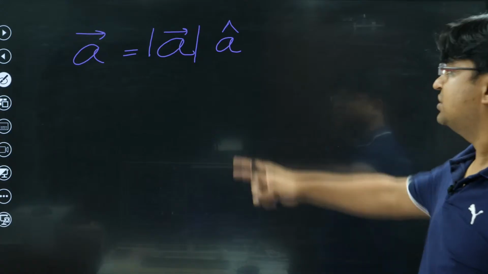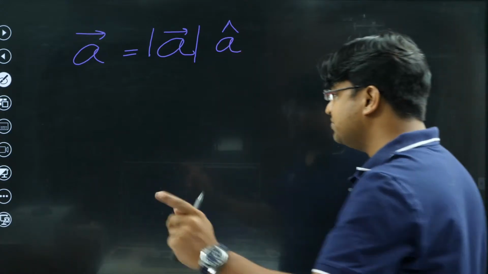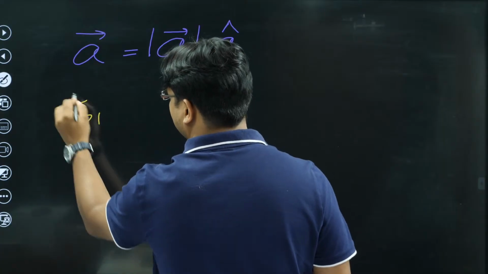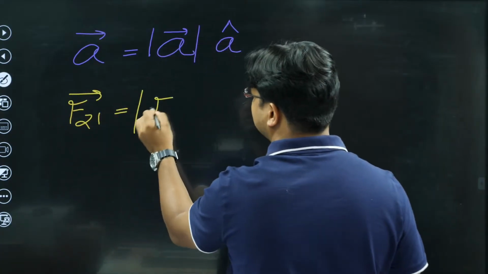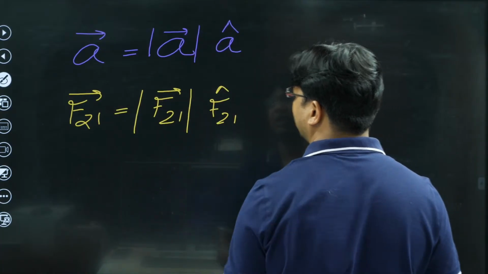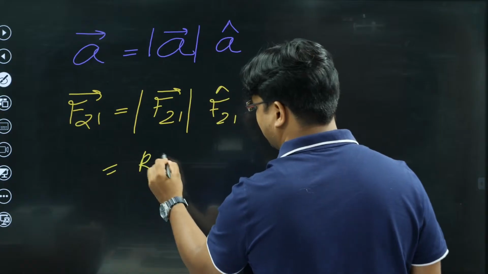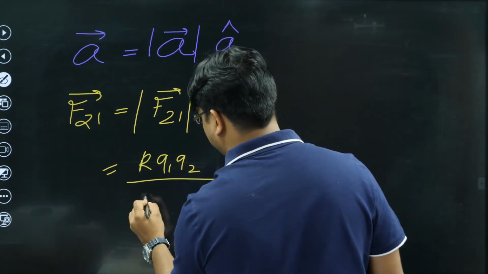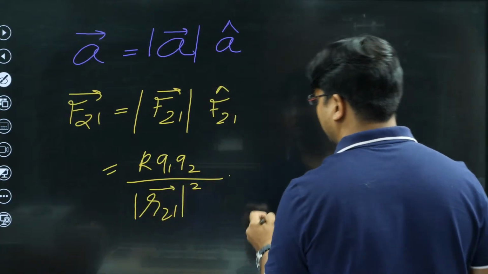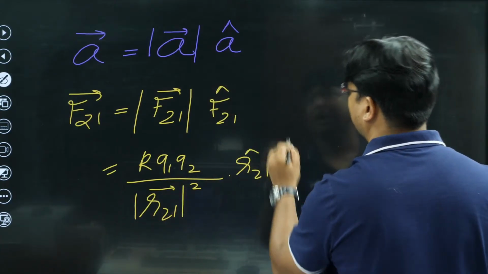This is true for any vector, which means that if I'm trying to write the F21 vector, I can write the magnitude of this vector and the unit vector along it. So F21 is KQ1 Q2 by R21 squared into R21 cap.